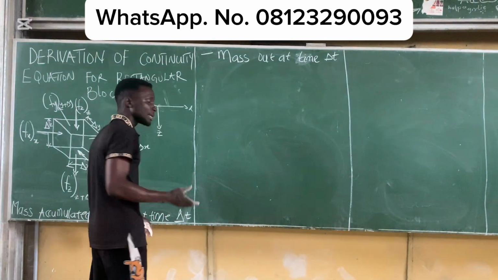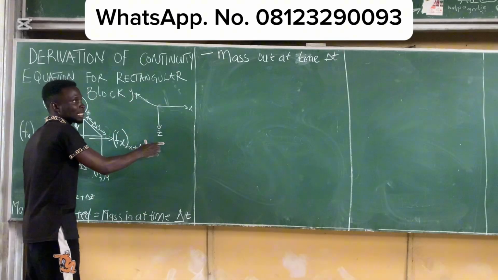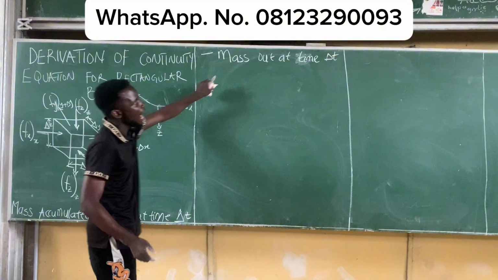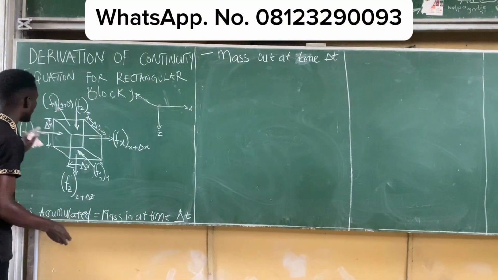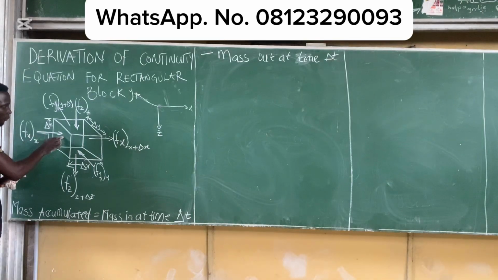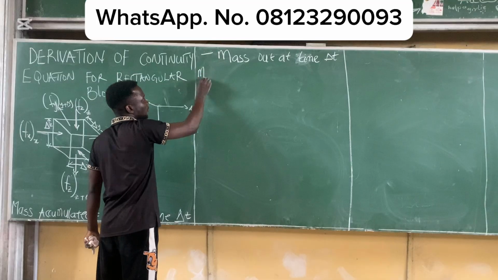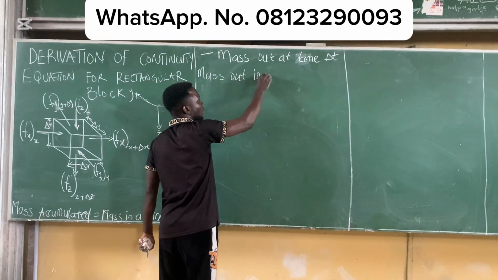Done with the mass flows in the 3 dimensions, x, y, and z. The next step now is to consider the mass that flows out at time delta t from the block. Now, if you look at the block, this one flows in, this one flows out.